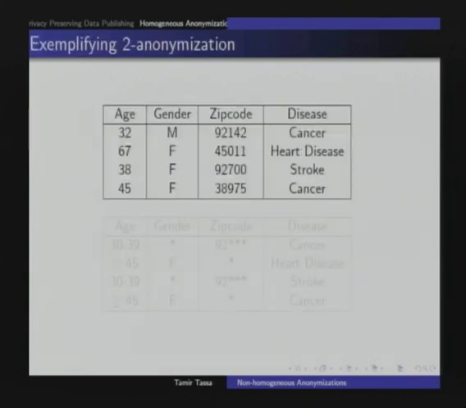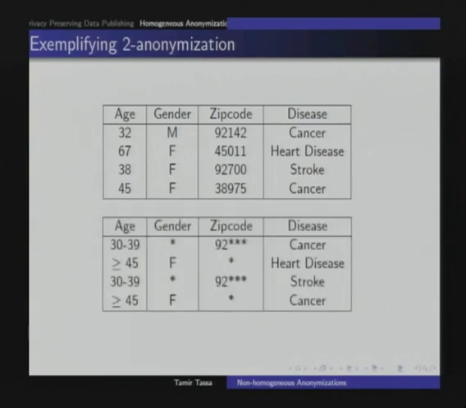So let's exemplify two anonymizations. We have here this original table, and what we see below is a two anonymization where the ages, as you can see, have been generalized. The gender has been suppressed in two of the records. Of course, suppression is a form of generalization. The same goes for the zip code.